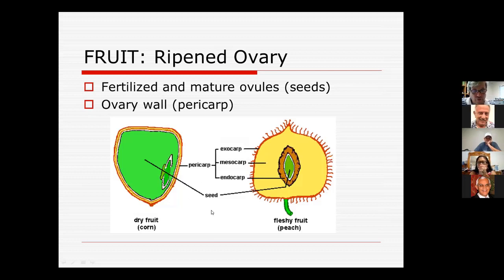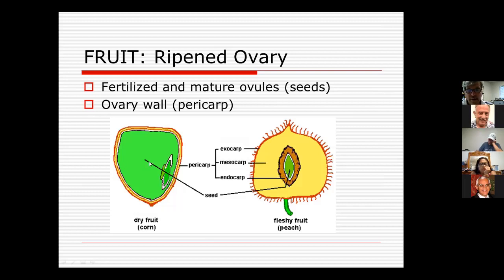And there's some dry fruits, there's fleshy fruits. So here's a couple of examples. Corn, grains of wheat, things like that are going to be your dry fruits. A lot of your monocots have dry fruits on them, but they have the same basic part.